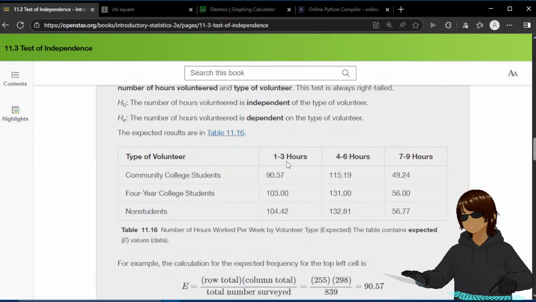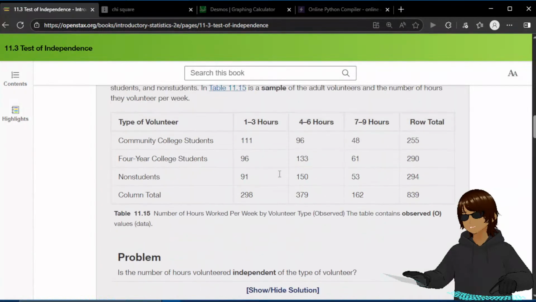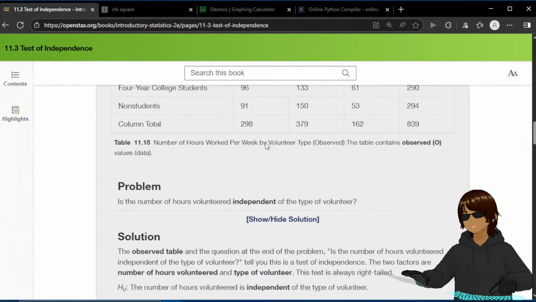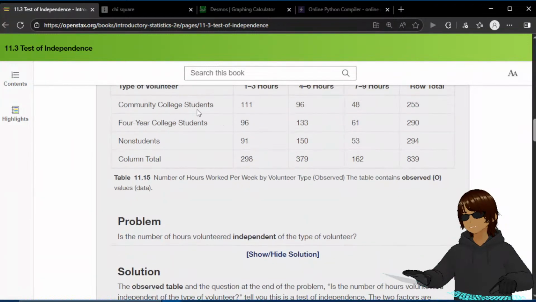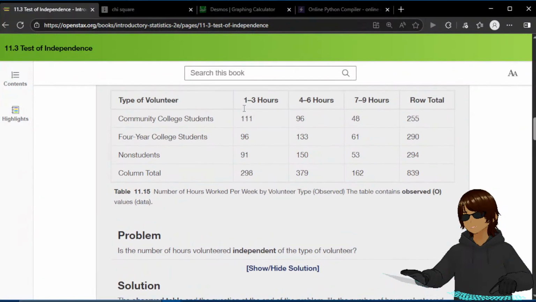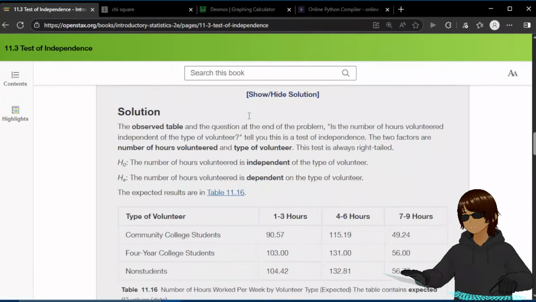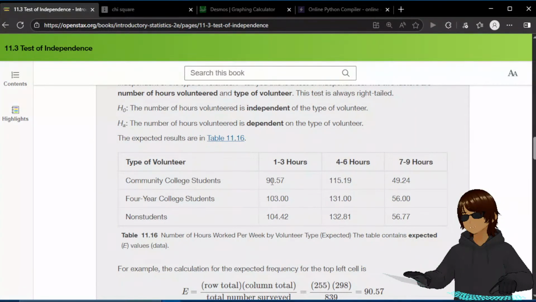Type of volunteer, 1 to 3 hours, 90.75. Oh, this is the average. No, wait, this is not the average. What is this? This is 111 divided by 255, right? Or maybe not. What is this?